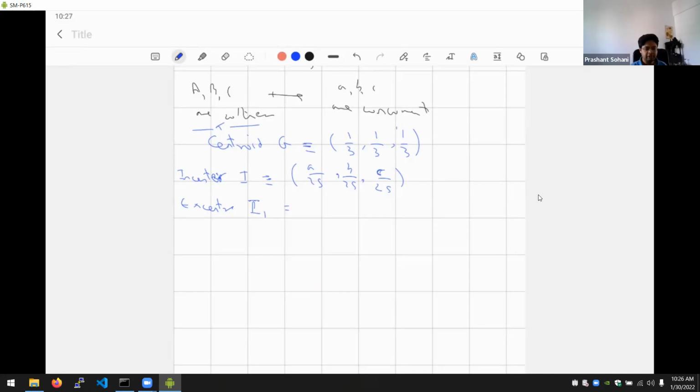But because I1 lies outside the triangle, won't some of the signs change? So minus A by 2 into S minus A, B by 2 into S minus A, and C by 2 into S minus A. Right. So in the generalized system, it will be simply minus A, B, and C. But since we want to normalize, we'll divide by B plus C minus A every time, right? So B plus C minus A is nothing but twice of S minus A. Okay, does everybody agree?